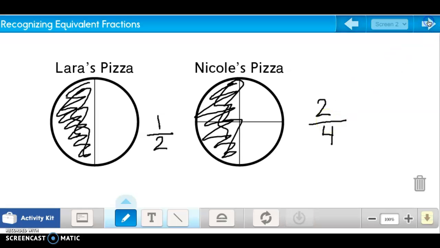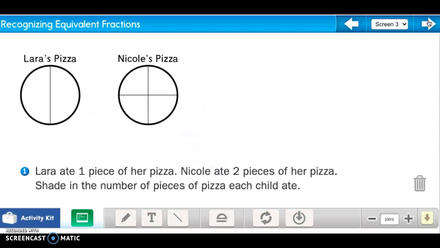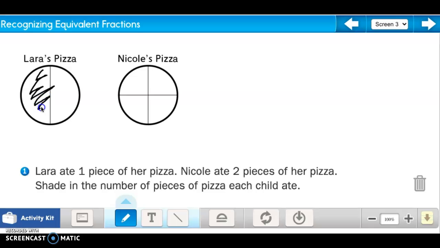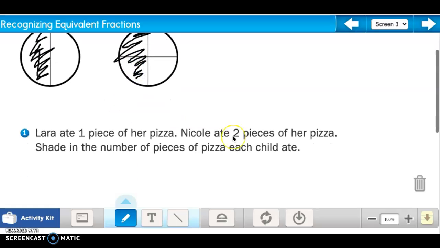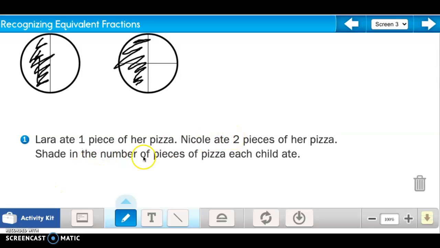Now let's go and fill this out on your paper. Again, you see it up here, and we're going to shade it in so that we can remember that we shaded this side, and then we shaded this side, the same thing. Nicole ate 2 and Laura ate 1.